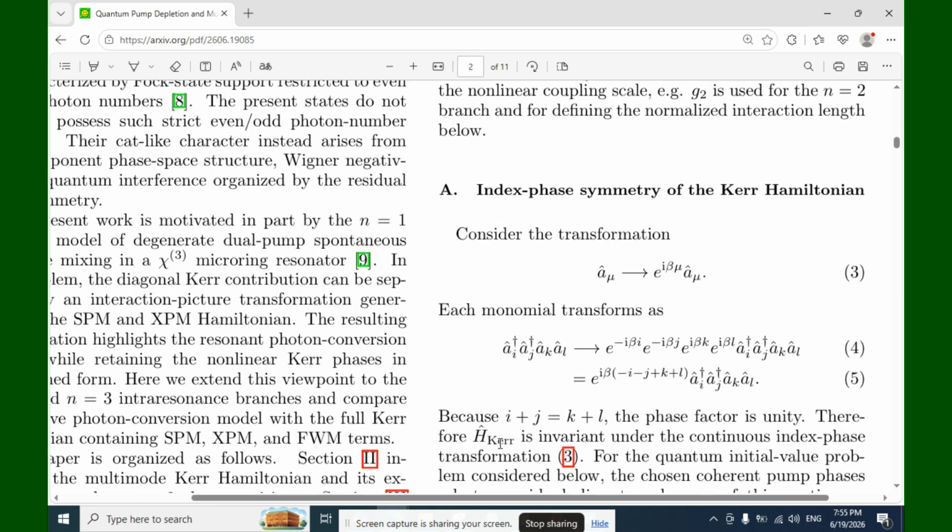Consider the transformation alpha_mu goes to e^{i beta_mu} alpha_mu.